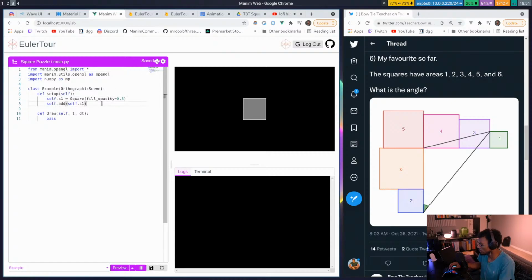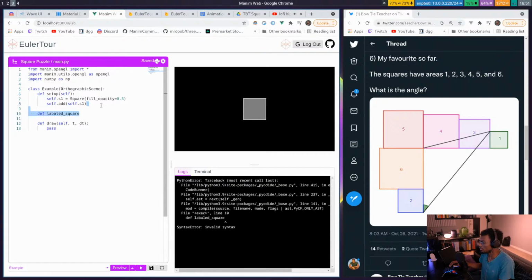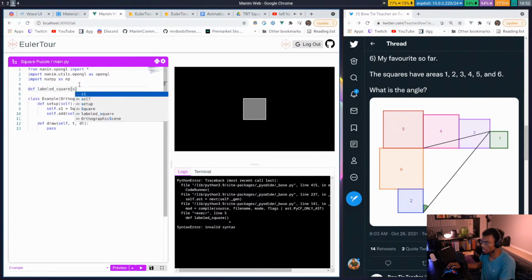Let me do this. I have a labeled square. No, it doesn't need to be like part of this. Labeled square like this, and I can just do like side length and number. Or side length and label.